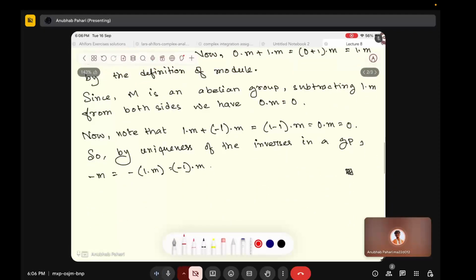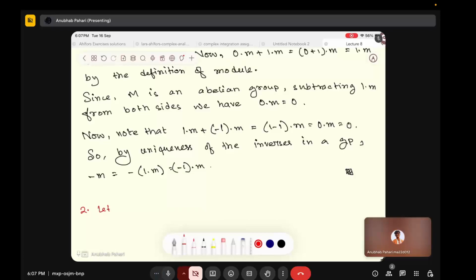Now for the next problem, since you are already familiar with group action and we have done some exercises from group action, maybe this question will be useful for you.